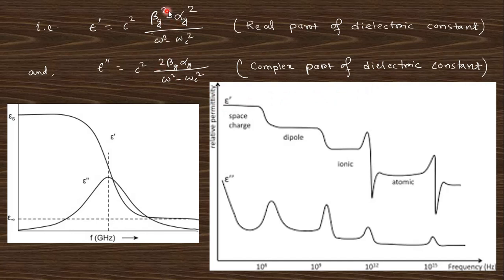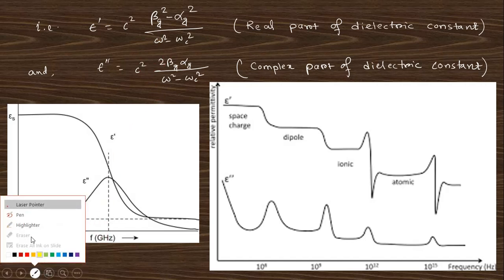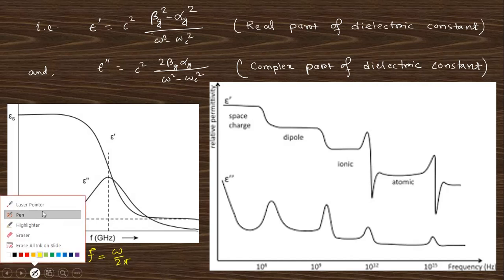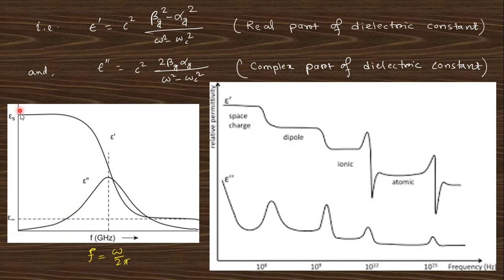And if you plot this epsilon prime and epsilon double prime with the frequency f, which is nothing but omega by 2 pi, so if you plot f versus epsilon star, that is the relative permittivity of the solid, it follows this kind of structure. The real part will change like that, and the imaginary part will be like that.